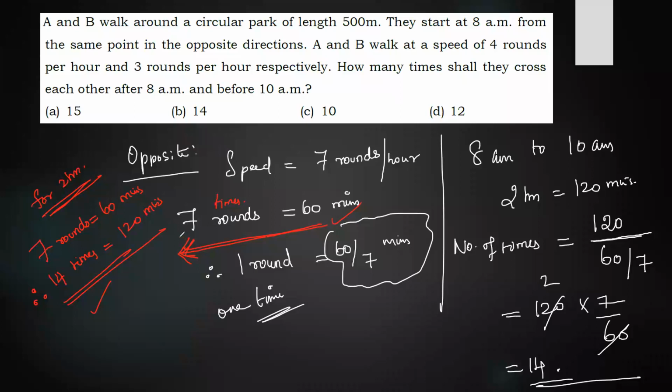But in waterways, same direction, add the speeds; opposite direction, subtract the speeds. In both problems, you need to know the formulas for speed of stream, downstream, upstream, still water. In a race, A gives B a start of some meters, that means B will be ahead by that many meters. Is today's topic clear?